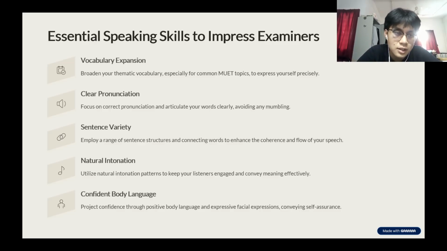First, of course, what I said before, vocabulary expansion. Make sure to master all the verbs, the nouns, etc. You know, the acronyms, something like that.